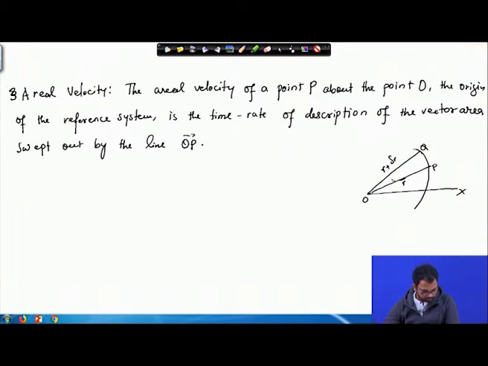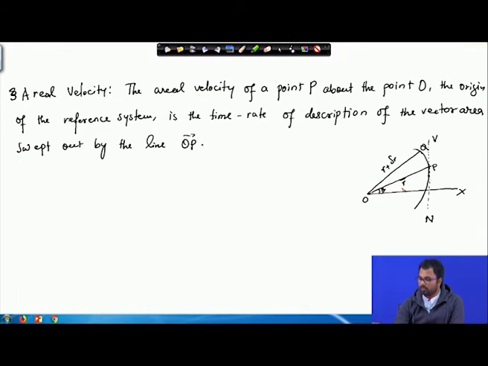This is our angle theta, and that is theta plus delta theta. And suppose here we have a tangent. So here we have a tangent.